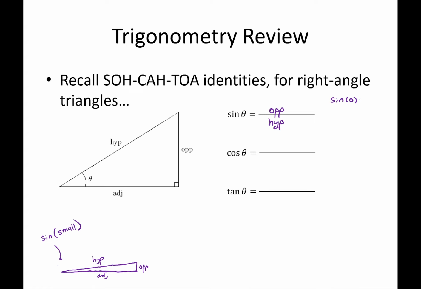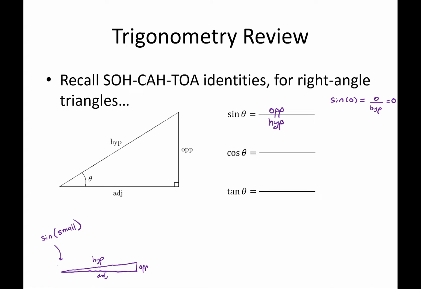So in terms of your SOHCAHTOA, sine being opposite over hypotenuse, you're going to have 0 divided by the hypotenuse, which does not shrink to nothing. The hypotenuse stays as whatever its length is as you decrease that angle. And then 0 divided by 10, or 0 divided by 2, or 0 divided by 7, or 0 divided by 1, whatever it is, is going to be 0.